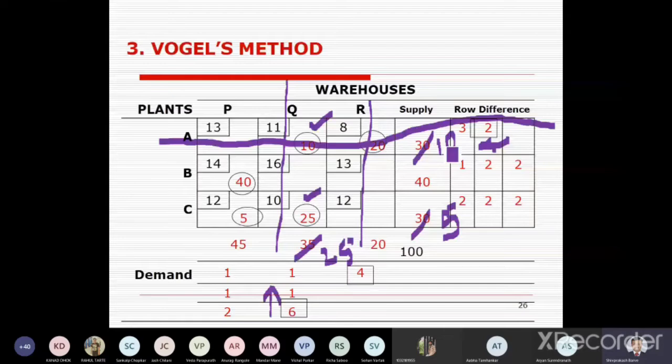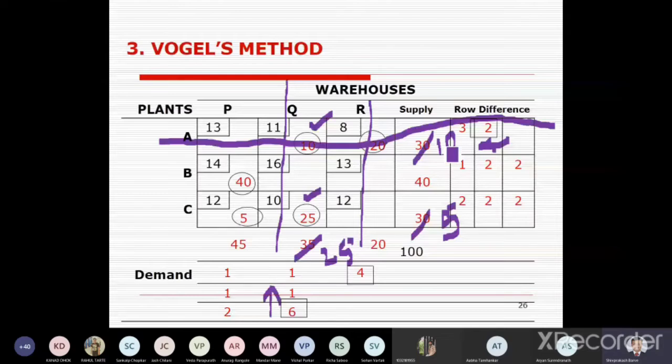From that row or column again we check which cell has the minimum cost, and once that cell is selected, check minimum supply and demand and allocate those units there.